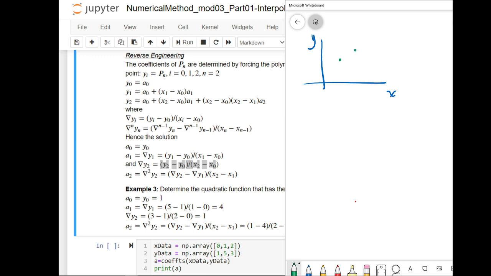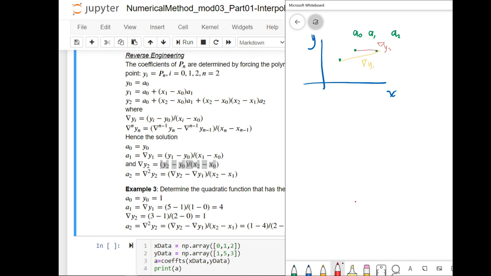If you have the second point, you get a0 and then a1, and if you have the third point here, you get a2 by the difference of delta y1 and also delta y2.